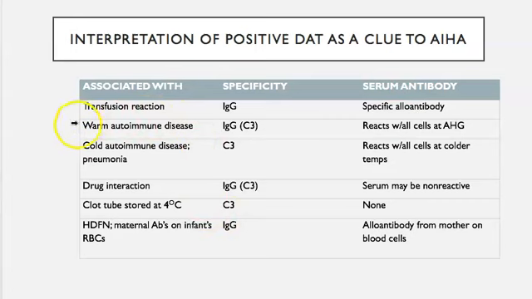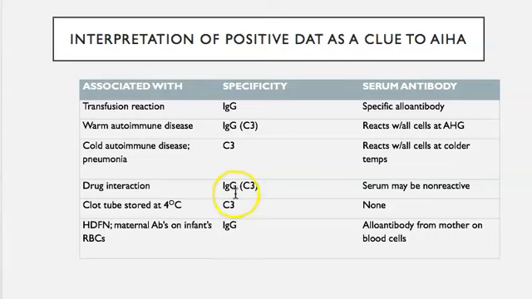In the case of warm autoimmune disease, it could be either IgG or complement, so you're going to see reactivity with all cells at the AHG phase of testing. Cold autoimmune disease or pneumonia is going to be due to complement, so you're going to see reactivity with all of the cells at colder temperatures.